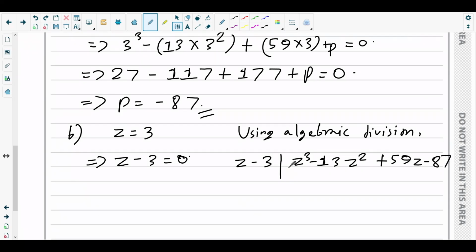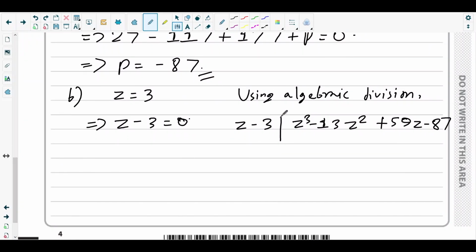At first, we need to multiply z squared with z minus 3 to get z cubed minus 3z squared. Why have we multiplied by z squared?